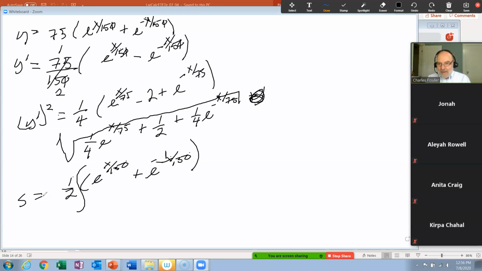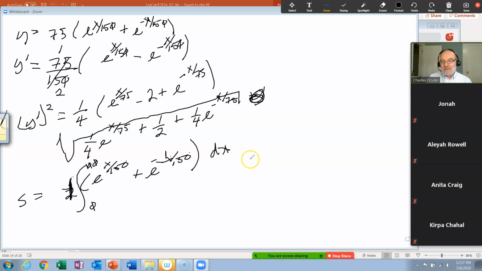What I'm going to do is take that, multiply it by 2. Multiplying 1/2 by 2, it's just going to make it a 1. And we're just going to take it from 0 to 100. Those are your x values there. And this, of course, is dx. I forgot to write that down.